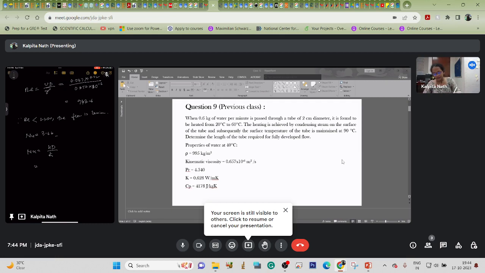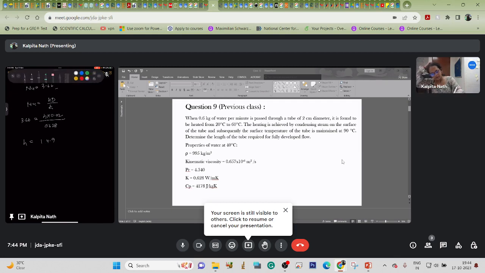So this is h into 0.02 upon 0.628, equal to 3.66. So h will be, sorry, not 144, this is 114.9 watt per meter square Kelvin.